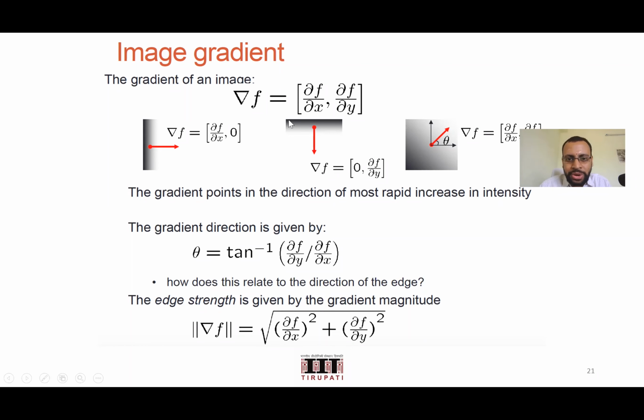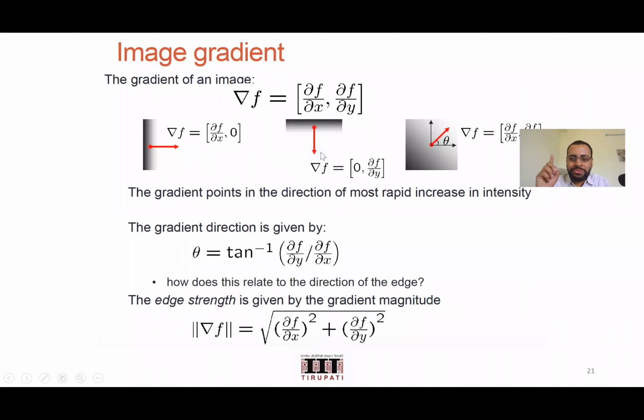Suppose you have a horizontal edge here. This is your y direction. Assume that. So if you are moving in this direction, there is a change, so you have a non-zero ∂f/∂y. Whereas if you are moving in this direction, ∂f/∂x is 0. This is the edge. Now this being the y direction, you have this second component.